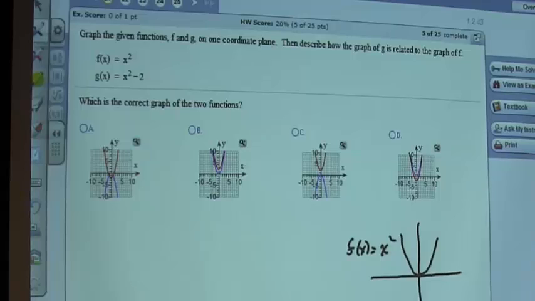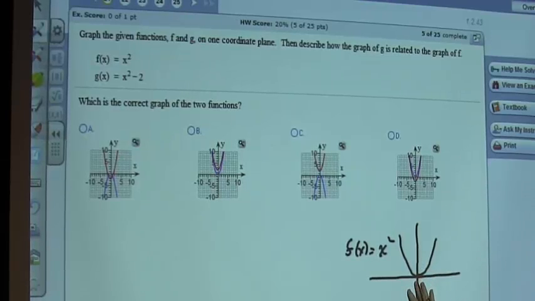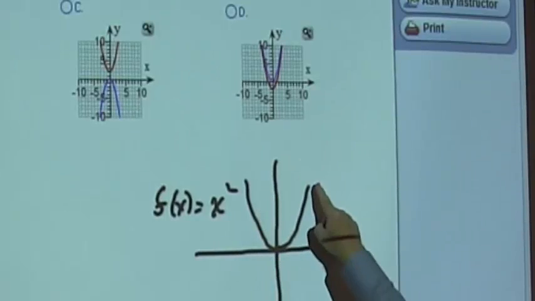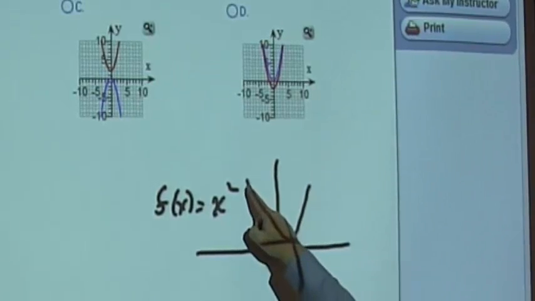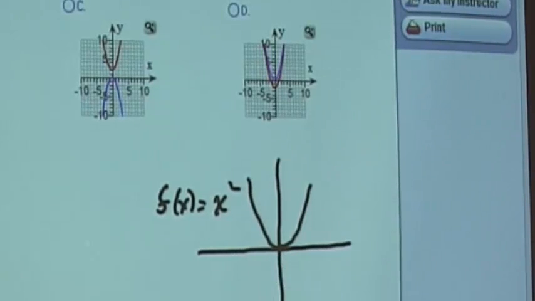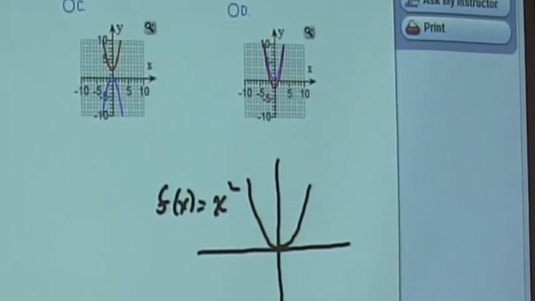Now, if you took every value on this graph and subtracted 2 from it, you would move it down 2. So look at D. D shows this graph, and then it shows another graph coming down and back up. It has moved it down 2. So D would be our answer.